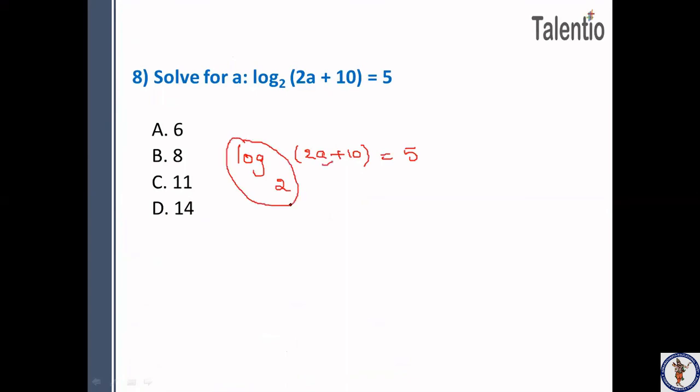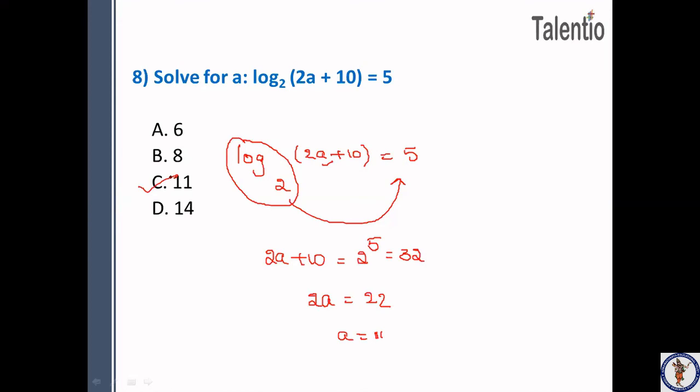The base stays the base and the other term becomes the exponent. So you get 2a plus 10 equals 2 power 5. What is 2 power 5? 32. Now simplify: 2a equals 32 minus 10, which is 22. So a equals 11. What is the answer? 11. Clear?